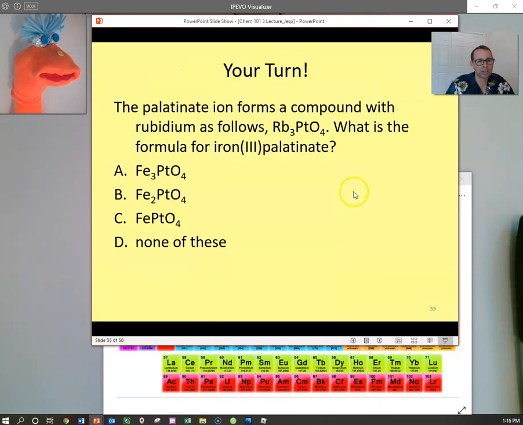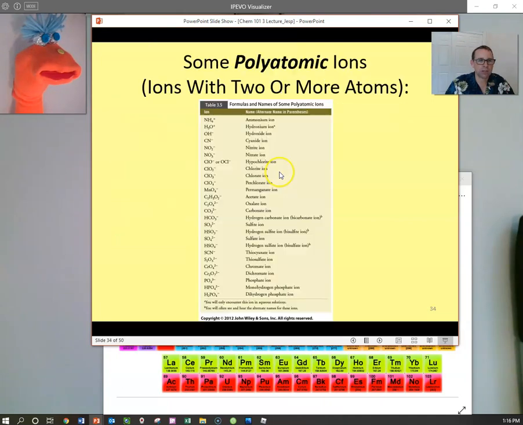So, looking at our polyatomic ions, we can think about the charge that will be on a given polyatomic ion, even if we don't have the chart. This chart doesn't include all of the polyatomic ions.